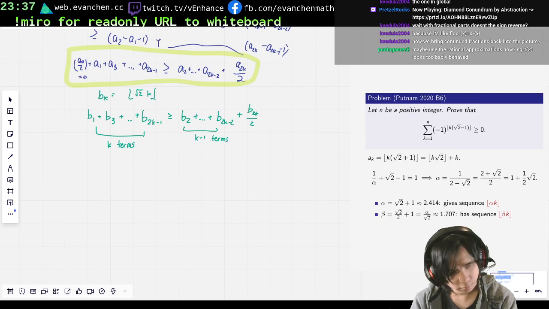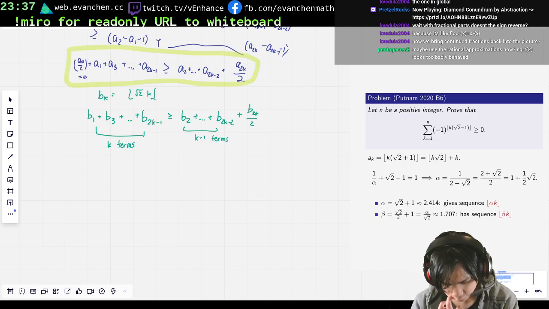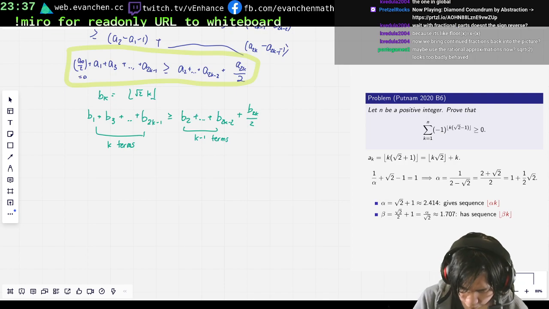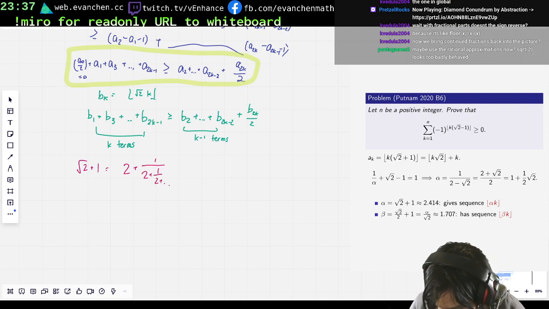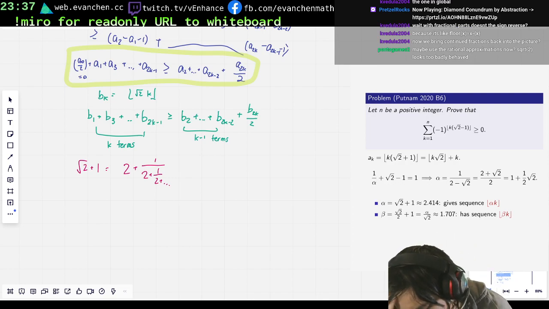Oh, yeah. Okay, so root 2 plus 1 was the one that had the really nice continued fraction, right? I'm not sure what property I would use of it though.